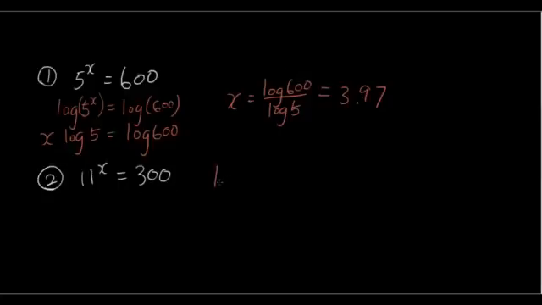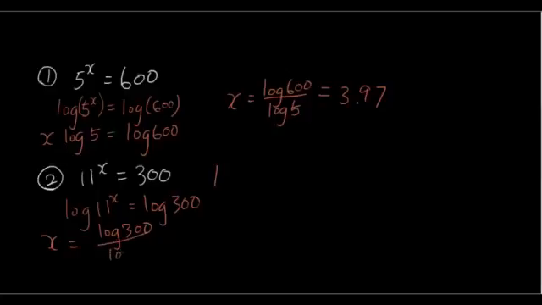And then same thing happening here. So log both sides. Log 11 to the power of x equals log 300. x equals log 300 over log 11. Actually, I jumped a step here. I really should write x log 11 equals log 300.